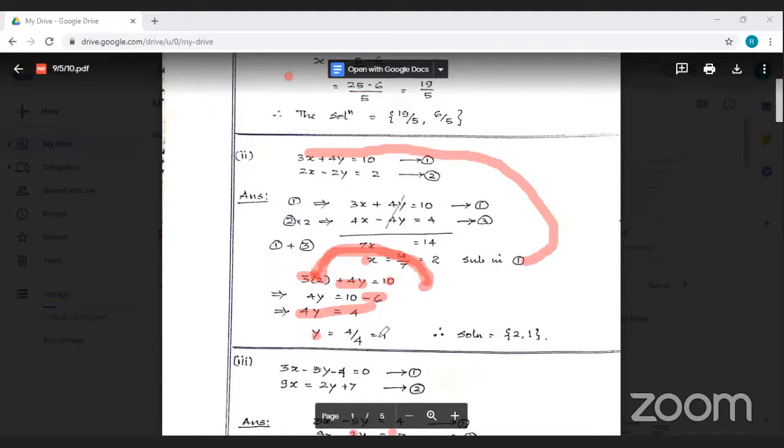Therefore, y is equal to 1. Therefore, the solution is 2 and 1.